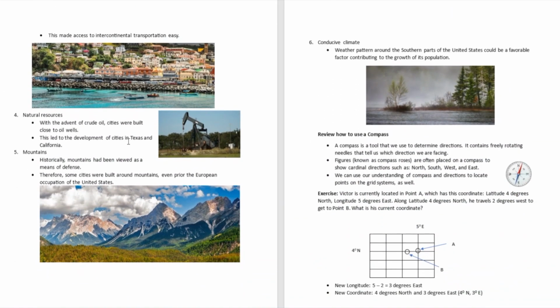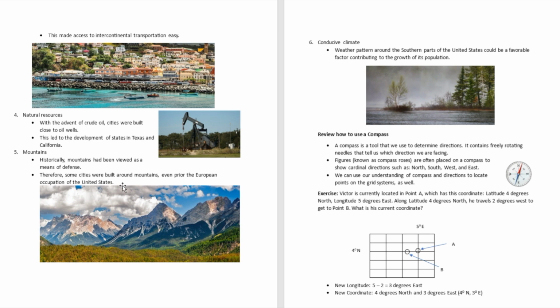Natural resources. With the advent of crude oil, cities were built close to oil wells, and this led to the development of cities in states like Texas and California, because a huge discovery of oil was made in those states. What about mountains? Historically, people used mountains as a strategic way to defend themselves.